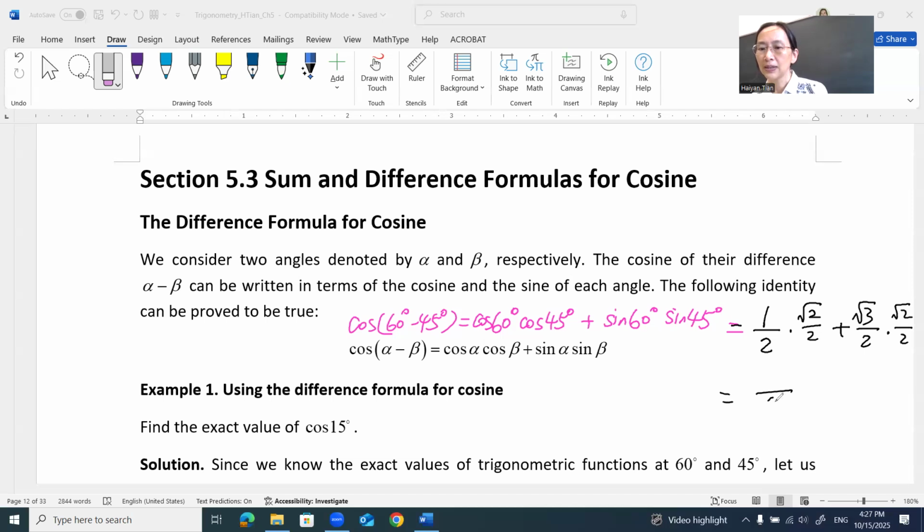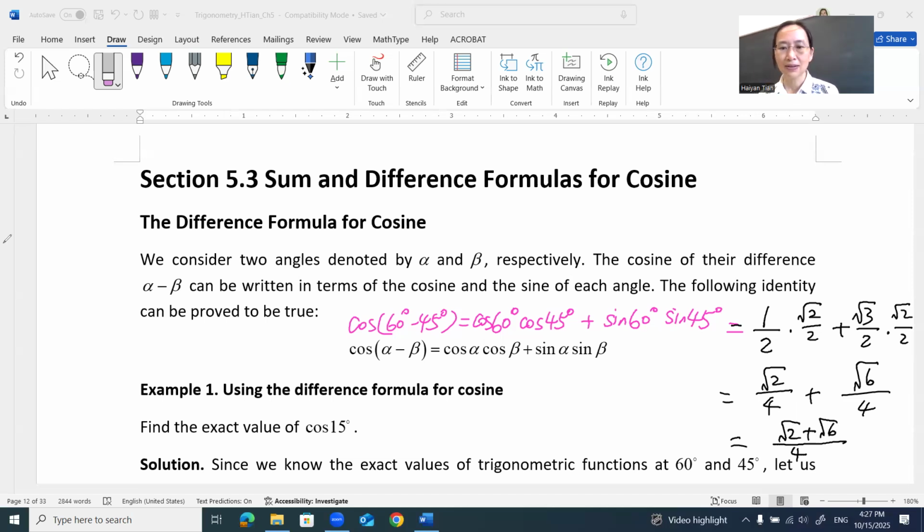The first product, and the second, if you multiply numerators and denominators, we get square root of 6 over 4. Together, these two numbers have a common denominator, so we combine them.